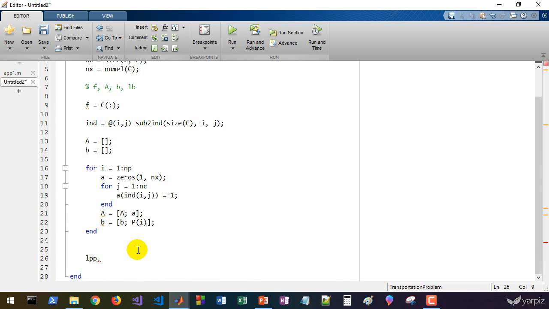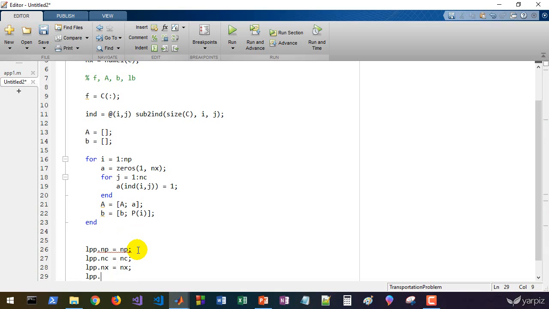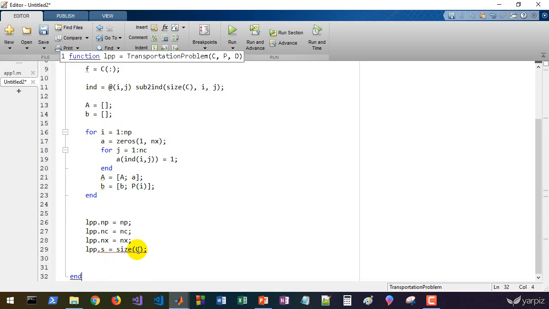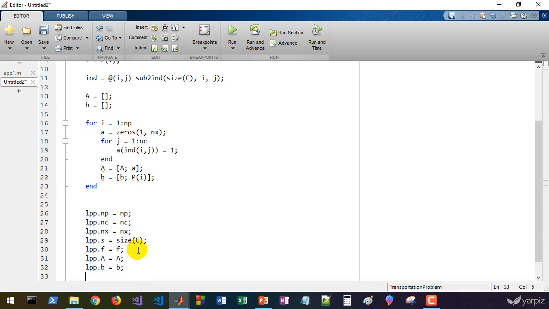For example, number of providers is NP, number of consumers, number of variables and the size of final variables, and lpp.f equals f, and lpp.a equals a, and lpp.b equals b.